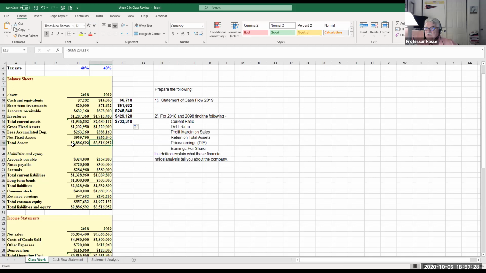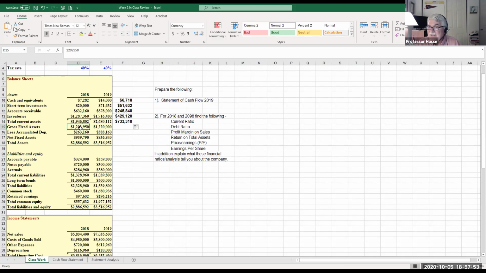Then we get to our long-term assets. In this financial statement, they're called fixed assets. In some financial statements, they're called property, plant, and equipment. In some, they're called long-term assets, whatever. It's the investment in assets that produce return.